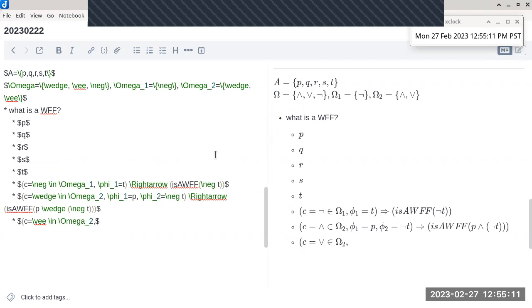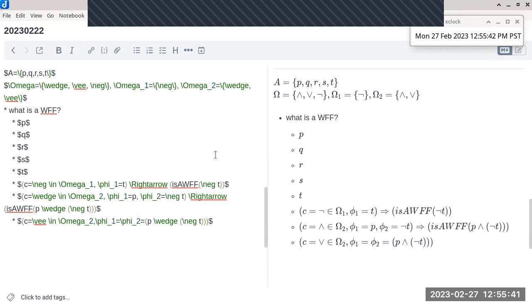But this time I'm going to make phi 1 the same as phi 2, which is the same statement that we ended up with in the previous step, which is P and not T. Those are my phi 2s. So can I do this?